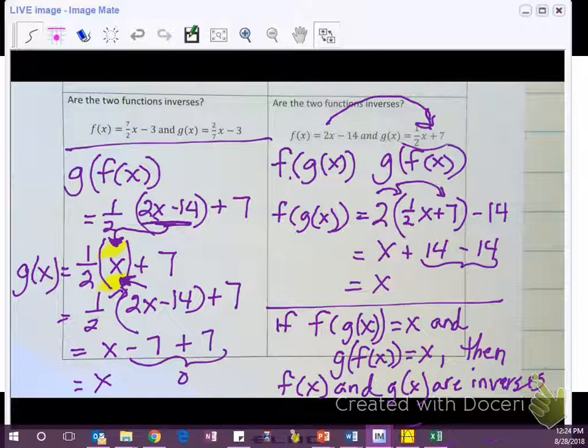Because that's what this inverse stuff is all about, and this composition of functions, which means putting one function inside another function, we're going to keep using throughout the year, but it's critical right now for some stuff that we're about to do. All right. Over here, any questions?